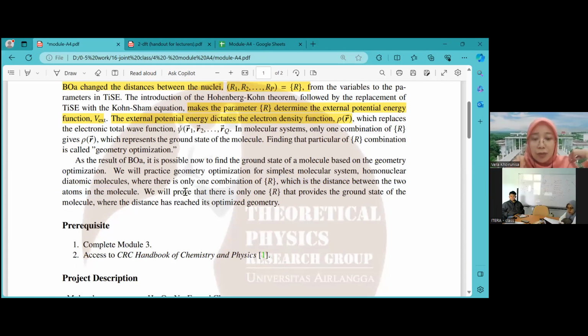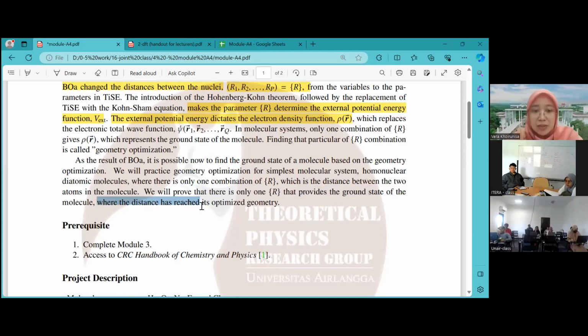And then we will prove that there is only one R that provides the ground state of the molecule, where the distance has reached its optimized geometry. So we need to use optimized geometry to find the R parameter in the ground state, and we will find only one R.